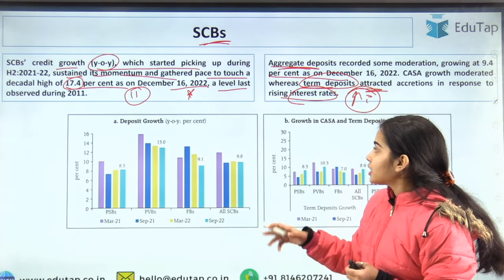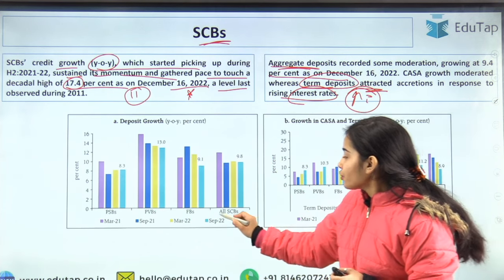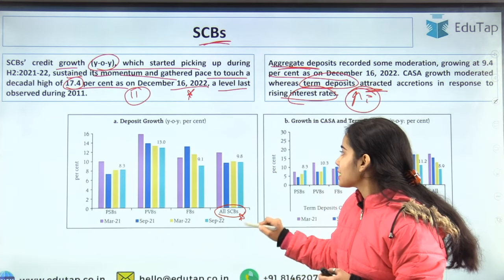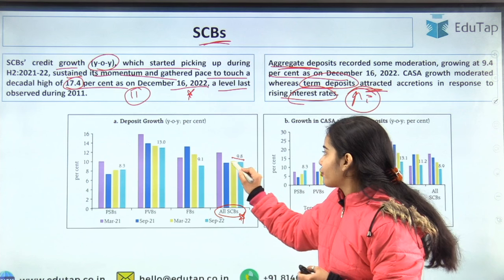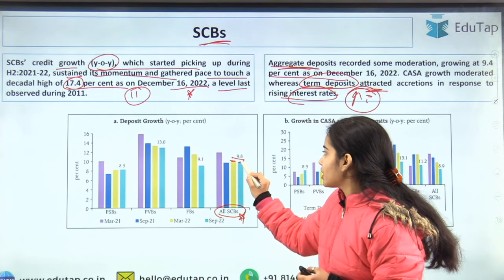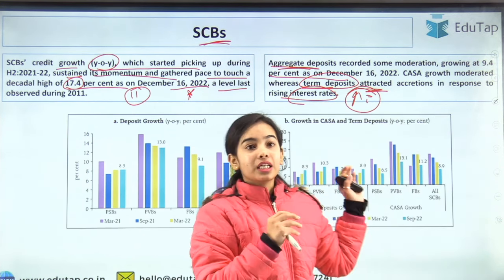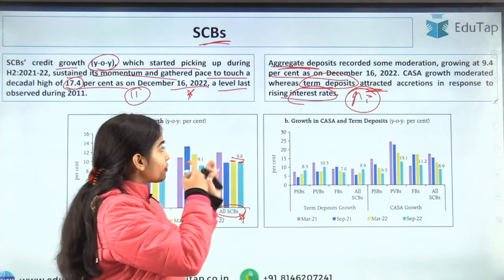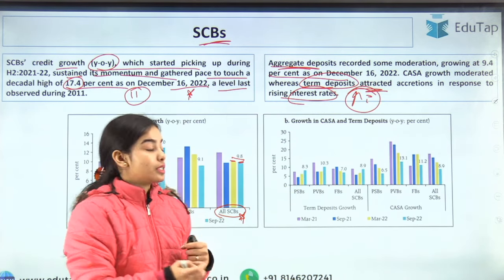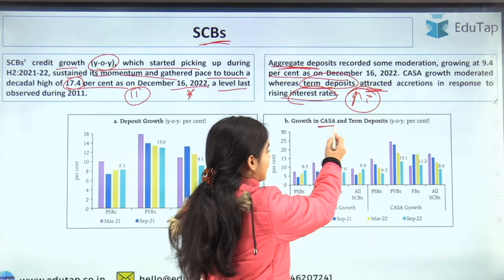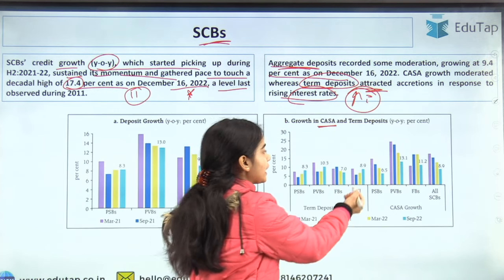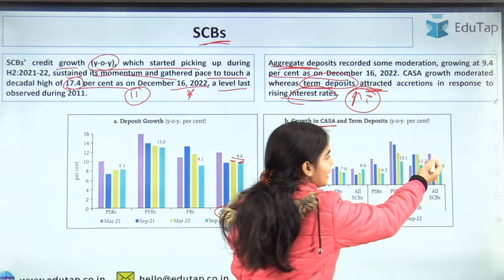Here you can see the deposit growth. For all scheduled commercial banks, this was a little declined. From here it went to here. So there was a slight decline in the deposit growth, and further in December it was 9.4%. For the current account and savings account, you can see that there was a decline.